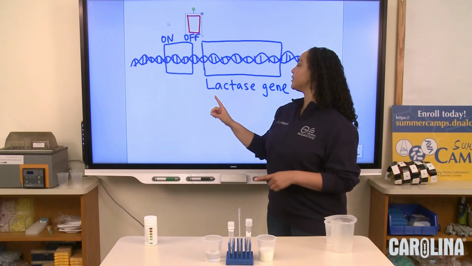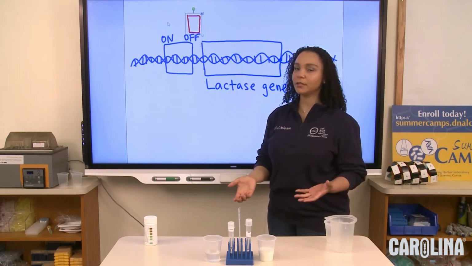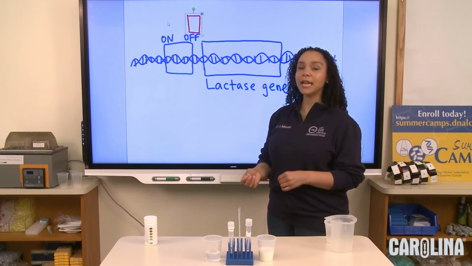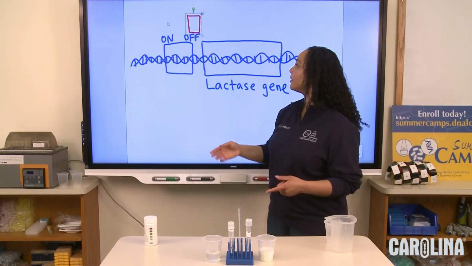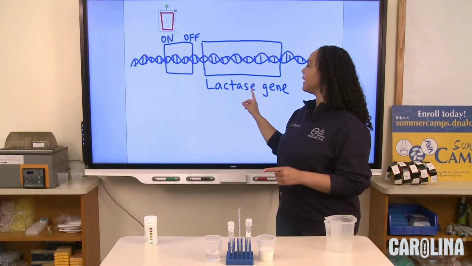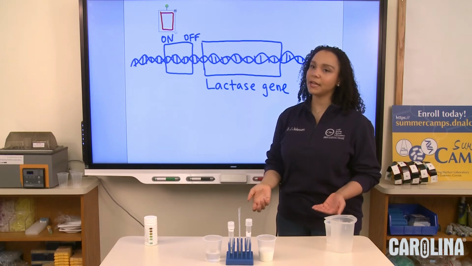If the gene shuts off and we're no longer producing lactase, can we break down lactose? No. However, for those of us who have the mutation, which affects our promoter, the switch stays on, which means we continue to produce lactase throughout life, and we can break down lactose.